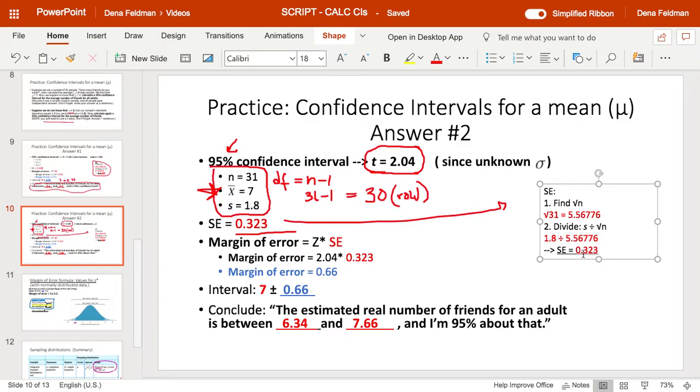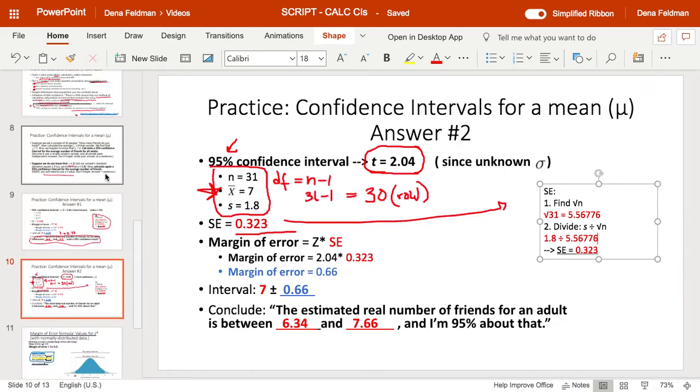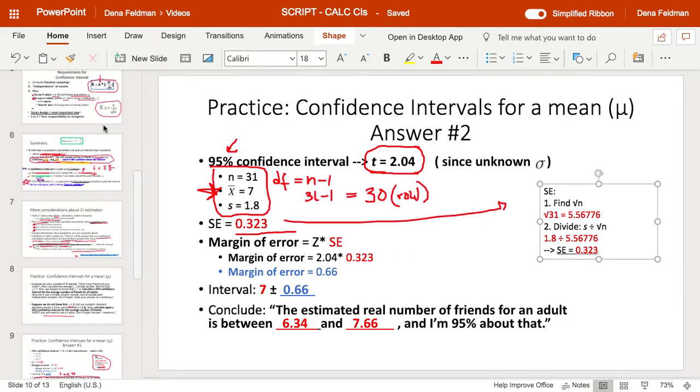I get 0.323. I get this standard error of 0.323. And the margin of error equals the t-value times 0.323. If it's helpful to see, refer back to it here.